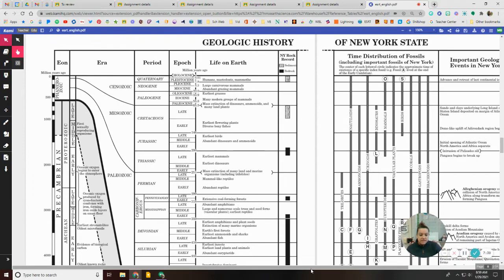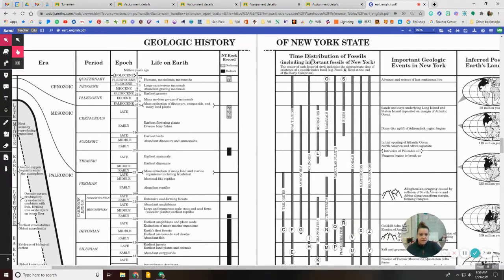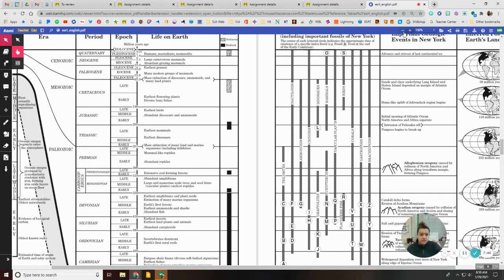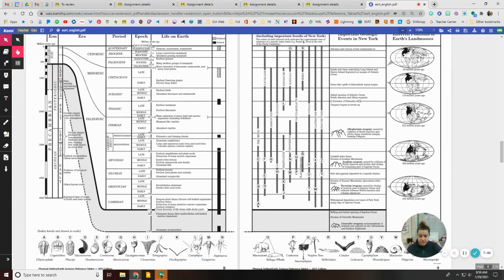Now, this next one, this distribution of fossils, these letters actually correspond with the letters down here on the bottom. So if you look, A is an Elliptocephala. So that's this little trilobite guy down here. If you turn your head and look at this bar that this is on, A, B, and C are all types of trilobites.